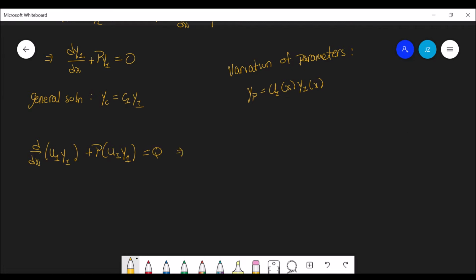Taking this derivative, remember both u1 and y1 are functions of x, so that's a product rule. So we'll get u1 dy1/dx plus y1 times du1/dx plus p u1 y1 is equal to q.